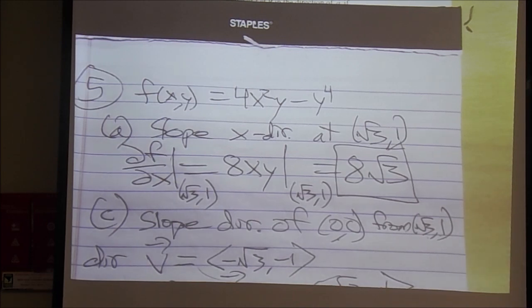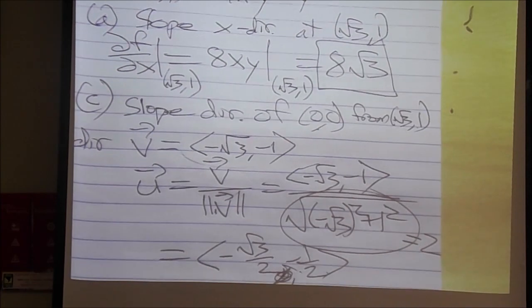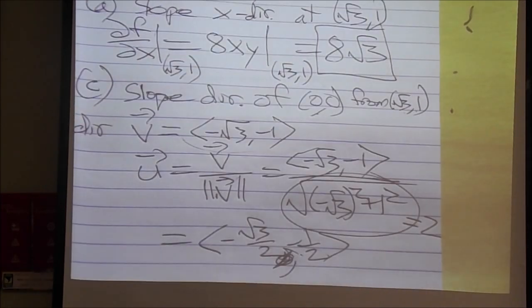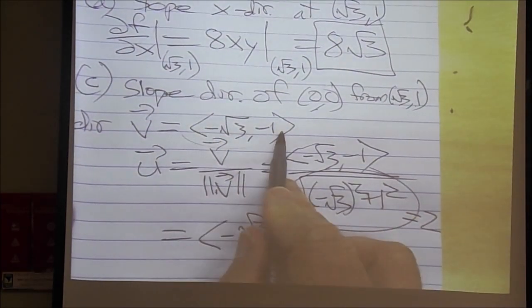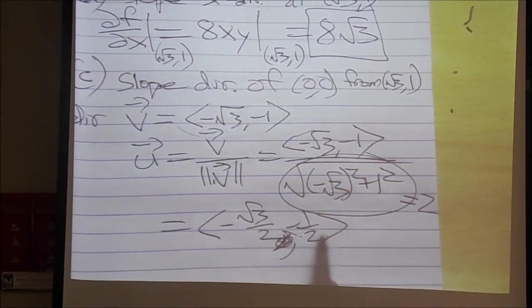So my unit vector towards the origin is minus square root 3 over 2, minus a half. The direction of the origin is minus square root 3, minus 1 when I'm coming from square root 3, 1, and I divide that by its length 2 to get the unit vector.